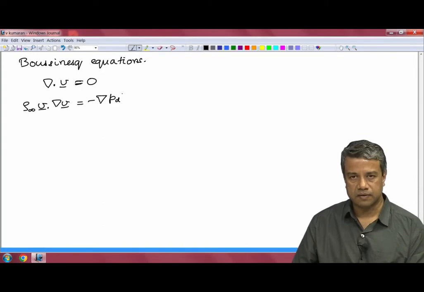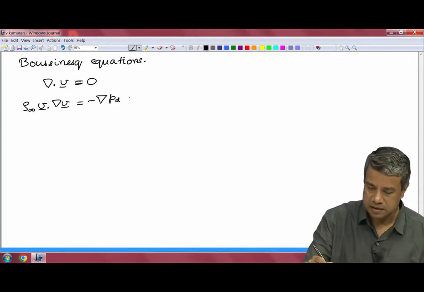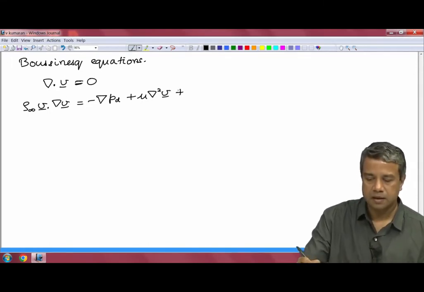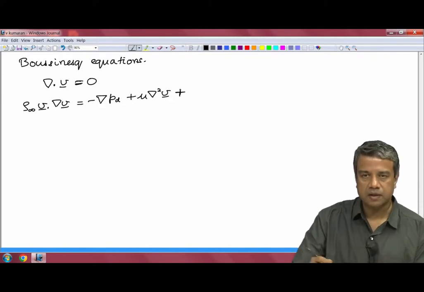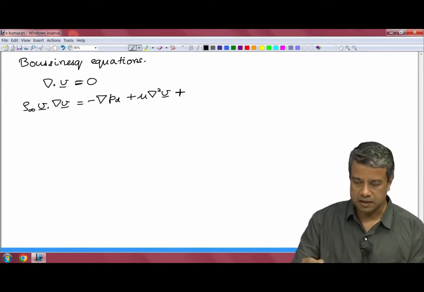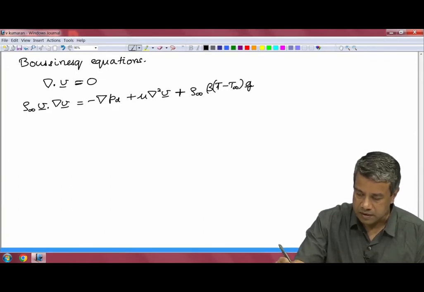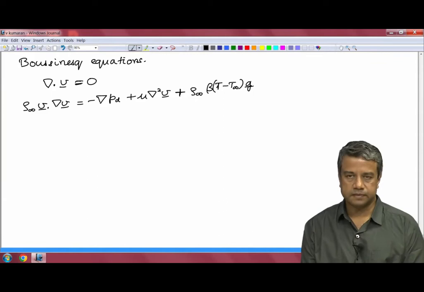Note that we have subtracted out the static pressure in this case, plus mu times the Laplacian of the velocity. Plus I substitute for the buoyancy force as rho infinity beta into T minus T infinity into the gravitational acceleration vector.